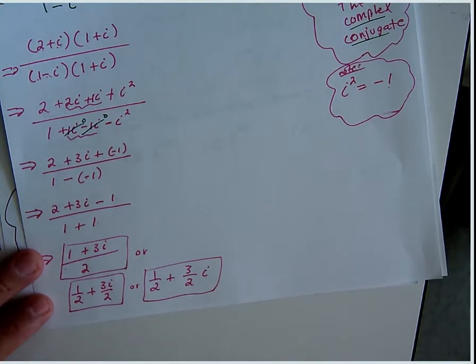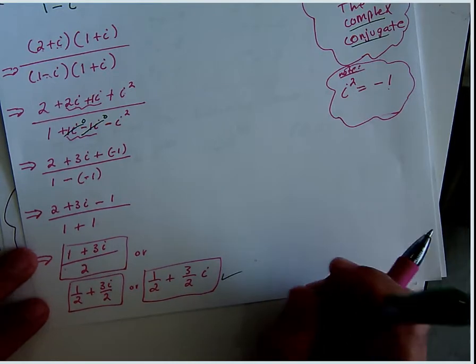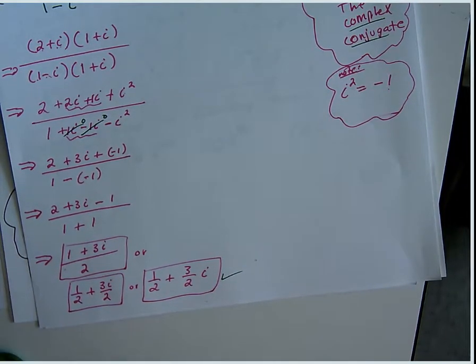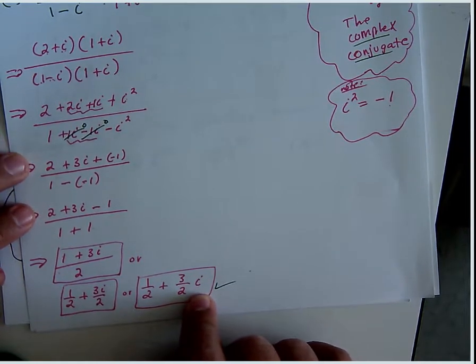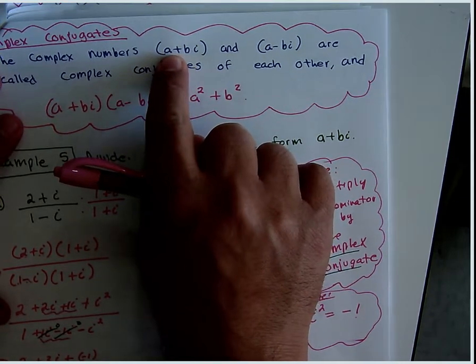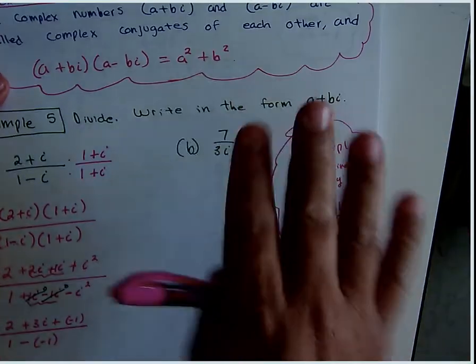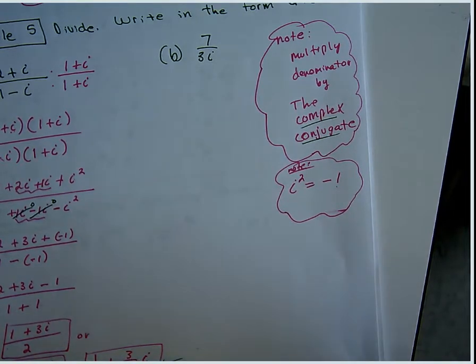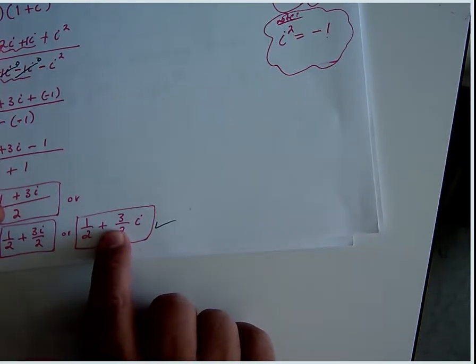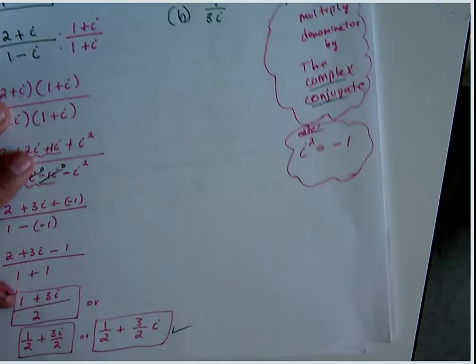And I think this is the most formal one, this one right here. If you want to get all formal about the math here, this one would be the most, because it looks exactly like the complex numbers: the number, and then the number, and then the i right next to it. So it's up to you.